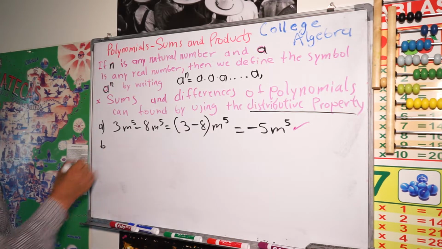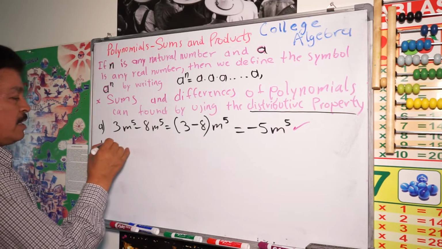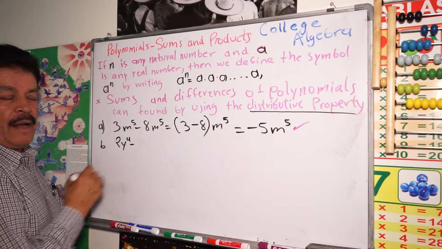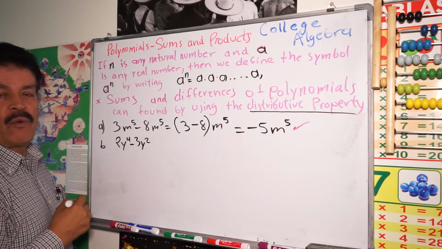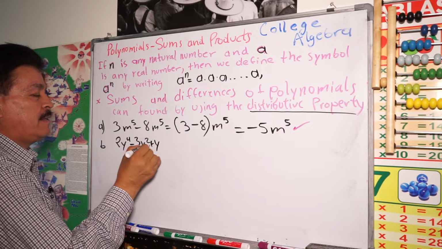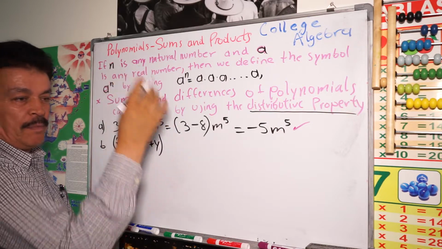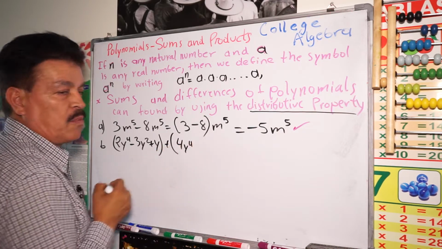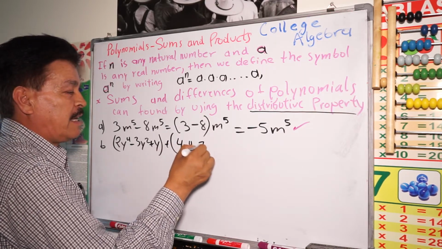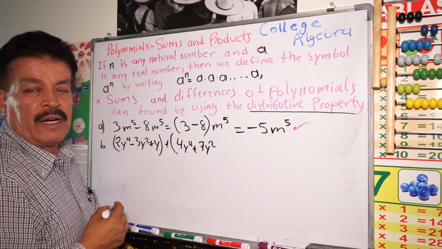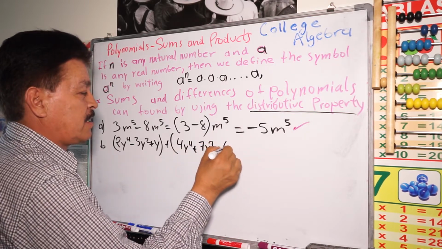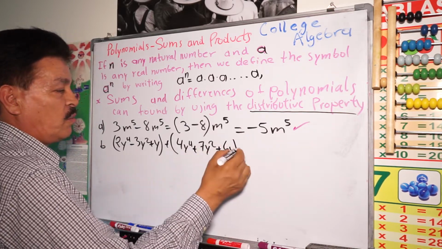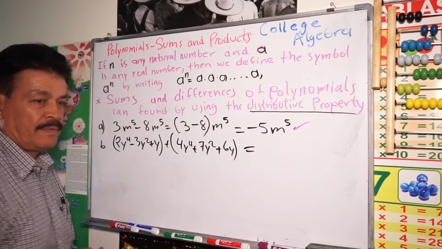Let's see another one. If you write 2y to the 4th power minus 3y to the 2nd power plus y, plus, let's add 4y to the 4th power plus 7y to the 2nd power plus 6y, this is going to be equals.